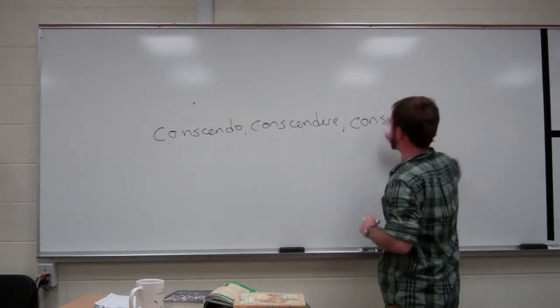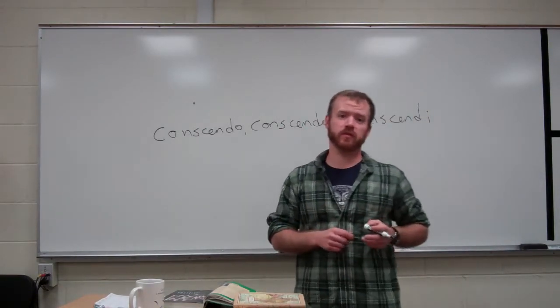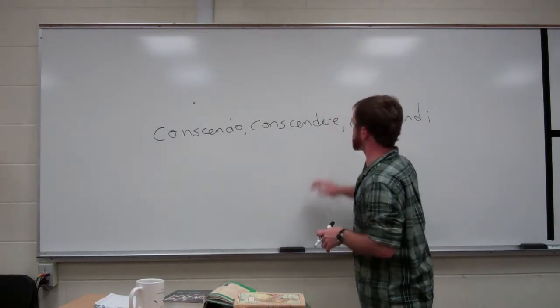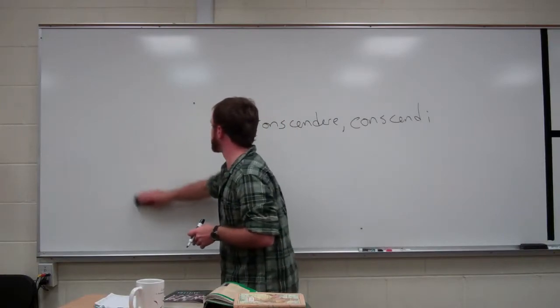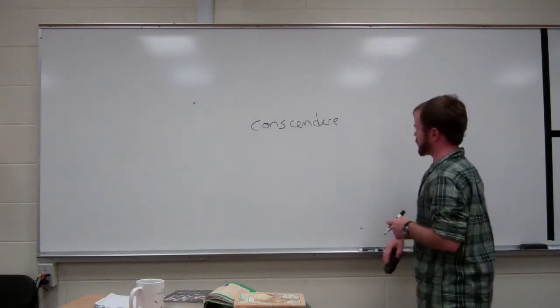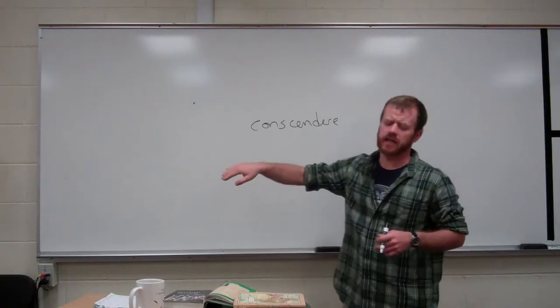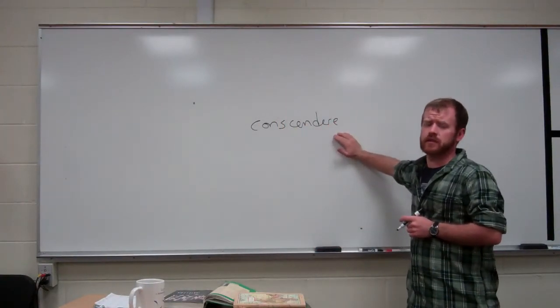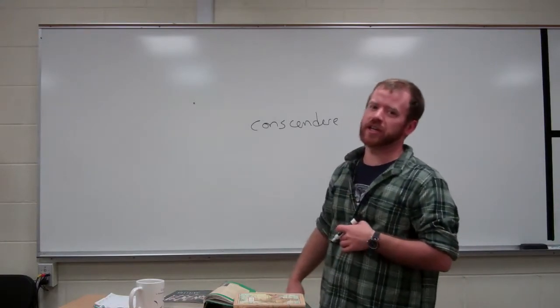We don't even need the third. We only need to worry about the second principal part. So for the imperfect subjunctive, you take the second principal part. So let's get rid of this guy, get rid of this guy. So consendere. What conjugation is consendere in again? That's right, it is the third conjugation.